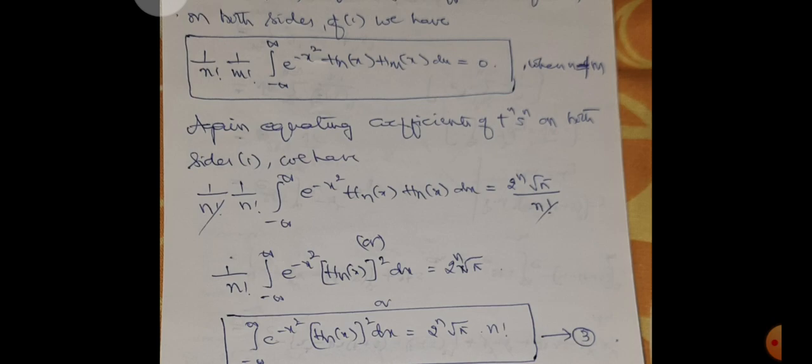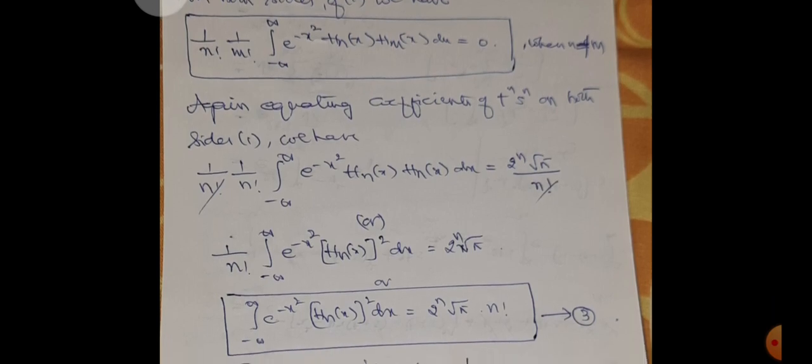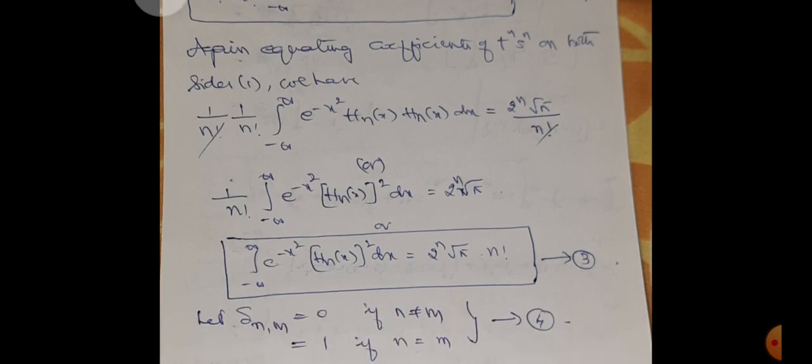One n factorial gets cancelled. So 1 by n factorial into the integral from minus infinity to plus infinity of e power minus x square into Hn of x whole square dx is equal to 2 power n into root pi. So finally we conclude the integral from minus infinity to plus infinity of e power minus x square into Hn of x whole square dx is equal to 2 power n into root pi into n factorial.